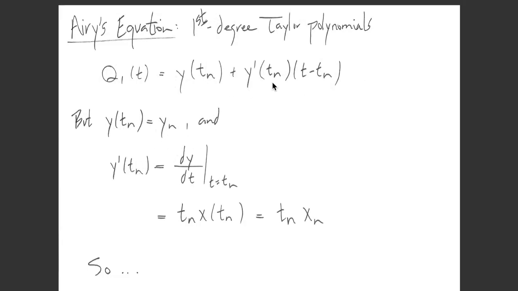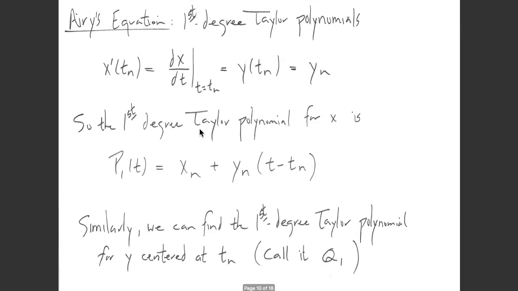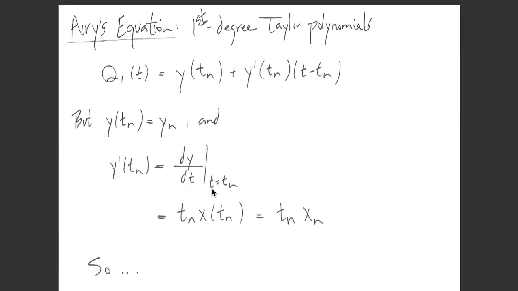And what about y prime at t sub n? Well, that comes from the system of equations again. So y prime at t sub n is dy/dt evaluated at t equal t sub n. But dy/dt is just t times x. So when I evaluate that at t equal t sub n, I get t sub n times x at time t sub n.